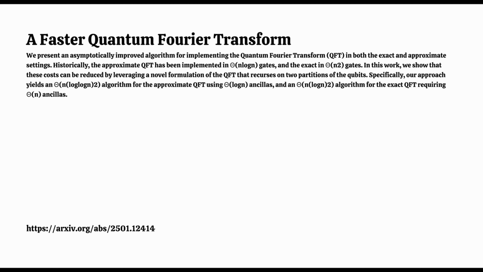And then finally, let's revisit this concept of ignoring small angle rotations in the approximate QFT. You mentioned before it's kind of like taking a slightly different route on your GPS without really impacting your arrival time. Can you elaborate a bit more on why it's okay to ignore these small rotations and how that contributes to the speedup? Sure. In the approximate QFT, we're not really looking for the exact solution.